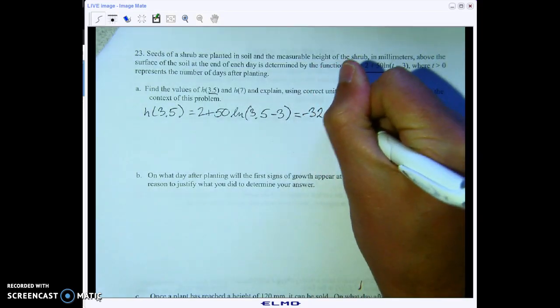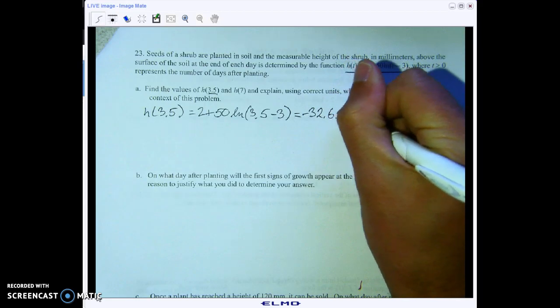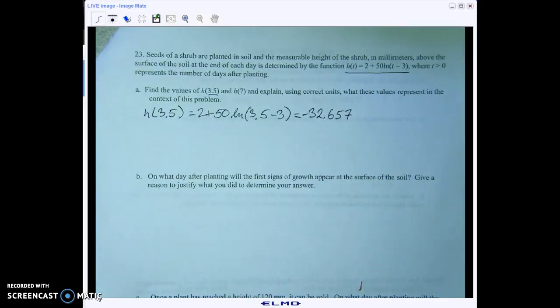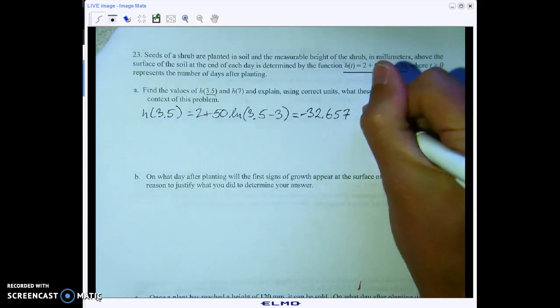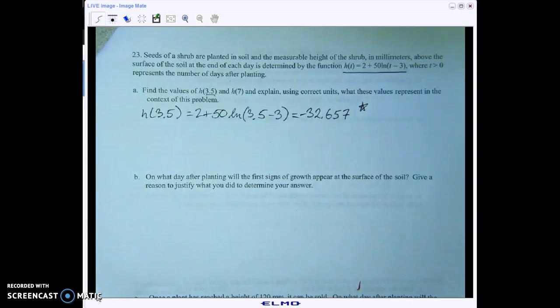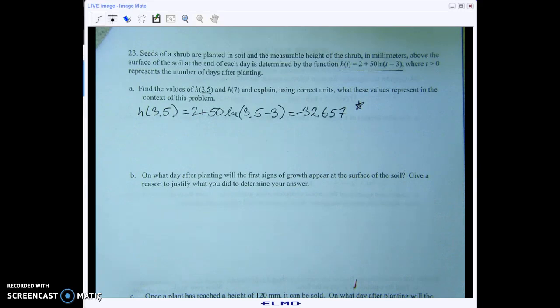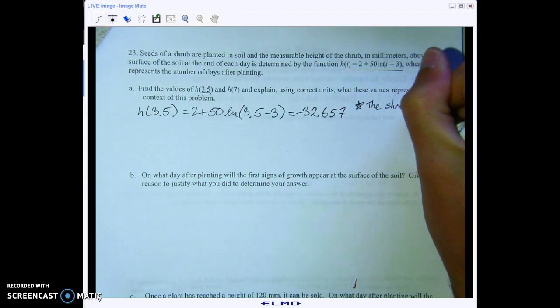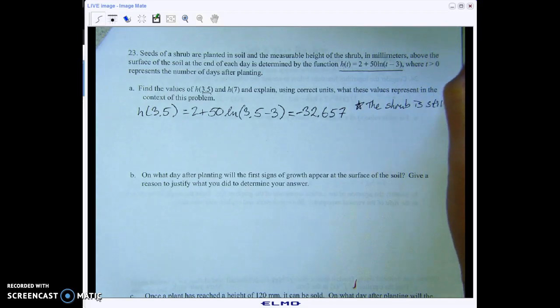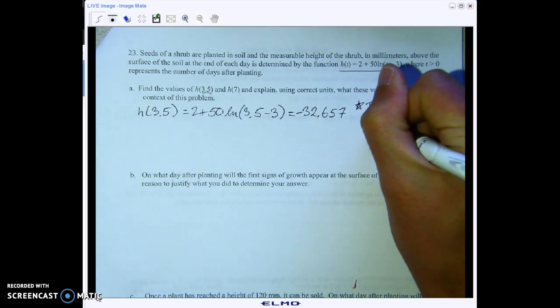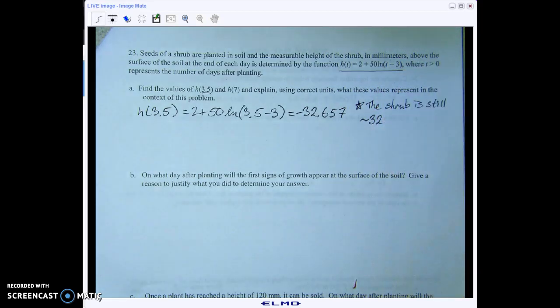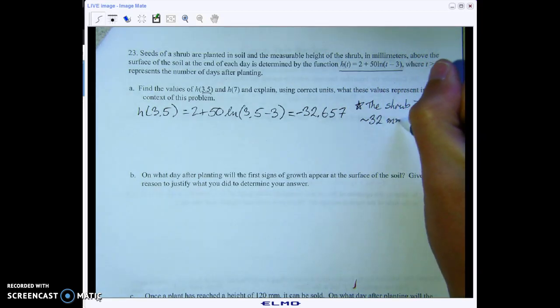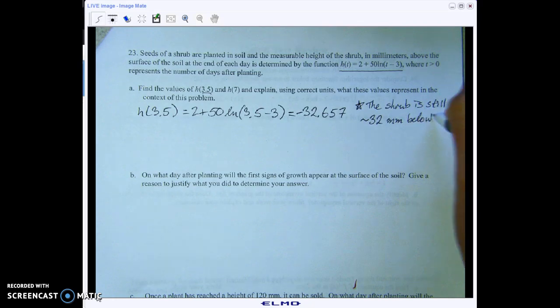Or let's be more precise: negative 32.657. Sound good? What does that mean? The shrub is still about 32 millimeters below ground.